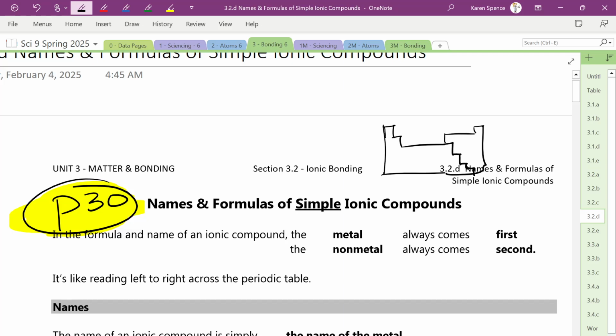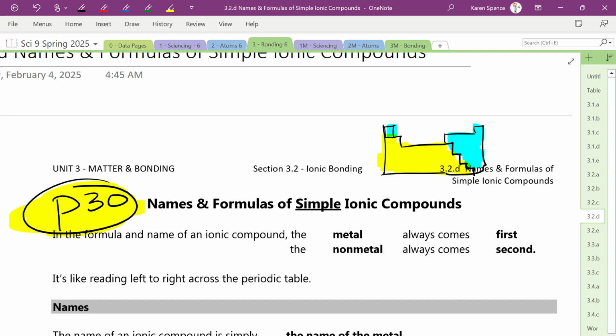All right, friends, do you remember where you would find your metals on the periodic table? They are on the left side. Where are the nonmetals? The nonmetals are on the right side, except for who? Hydrogen. Hydrogen is kind of funny, but mostly metals are on the left, nonmetals are on the right.